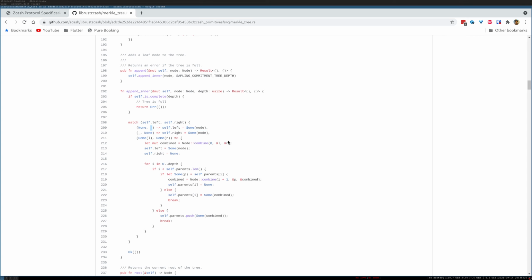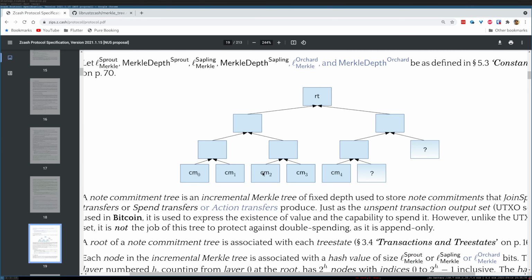So this is the case where the leaves have one cell that is empty, either the left or the right one. It's very easy, you just fill it up. The only more complicated case is when both of these guys, left and right, are occupied.